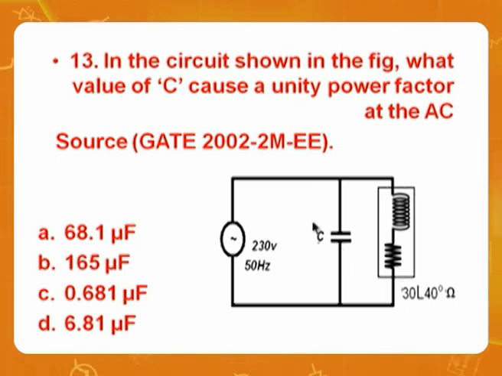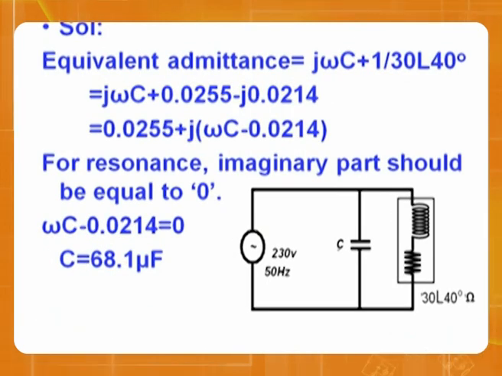So what best you can do is call this a circuit, calculate the impedance, put the J term 0, because unity power factor means phase angle is 0. Phase angle is 0 means resonance. Put the J term 0, and you will finish the answer. So look here. The equivalent impedance, this is in parallel, so I am taking it as admittance.